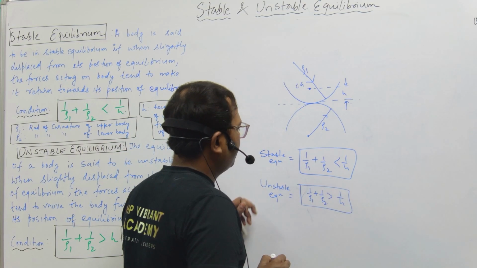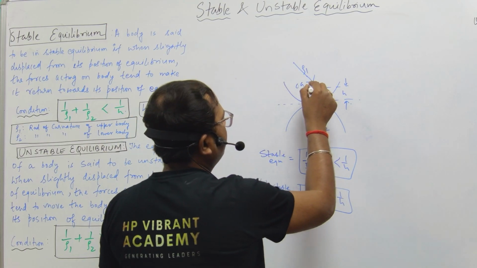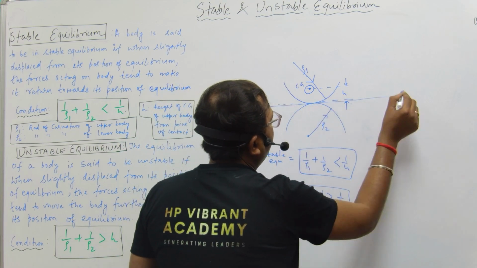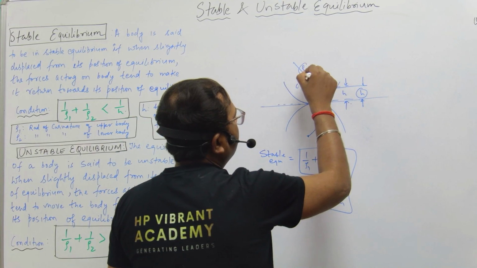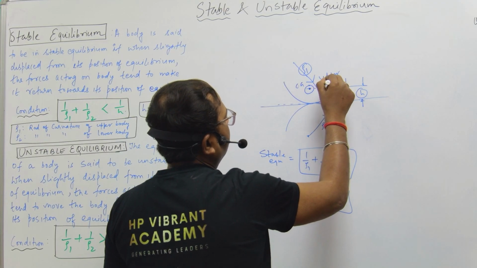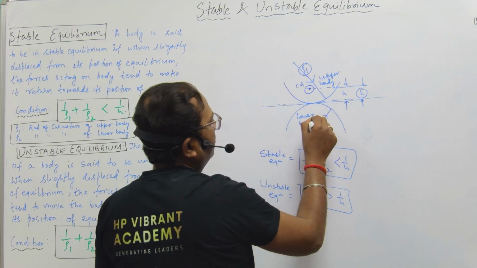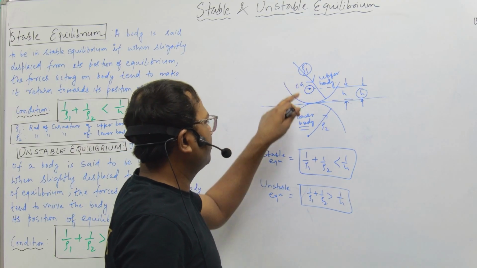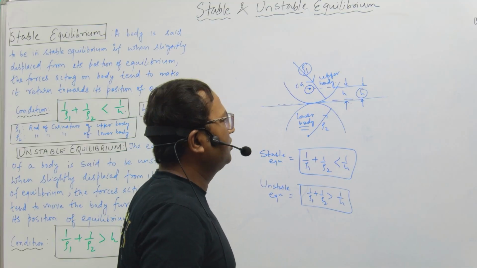Here h is the height of the center of gravity of the upper body from the point of contact, rho 1 is the radius of curvature of the upper body, rho 2 is the radius of curvature of the lower body.